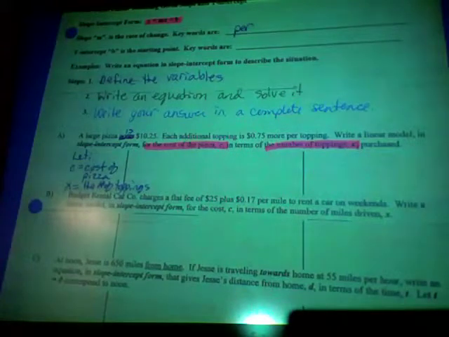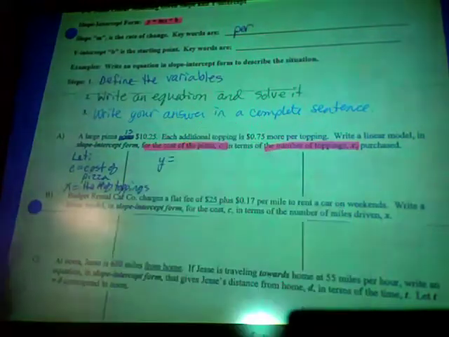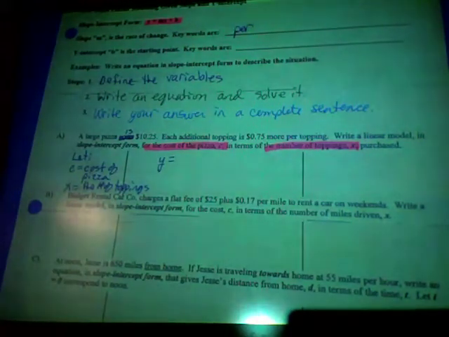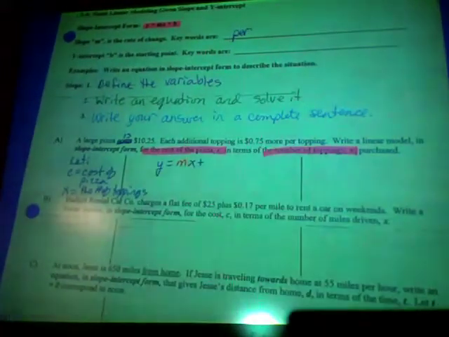So we saw that word "per," right? Do we know what the cost of our pizza is? Yeah, they told us, right? So if I'm going to write something in the form of y equals mx plus b, I have a large pizza is $10.25, and the other information they gave me was each additional topping is 75 cents more per topping.